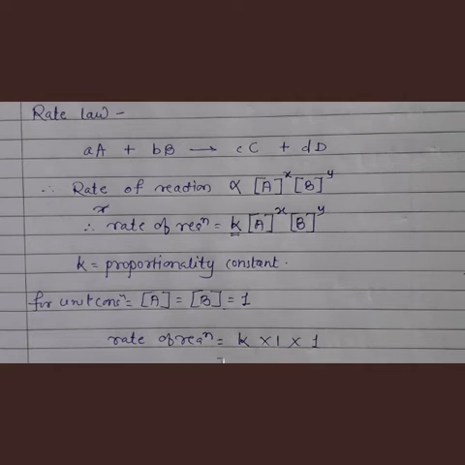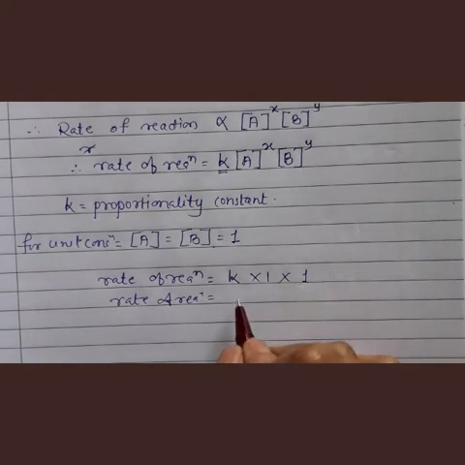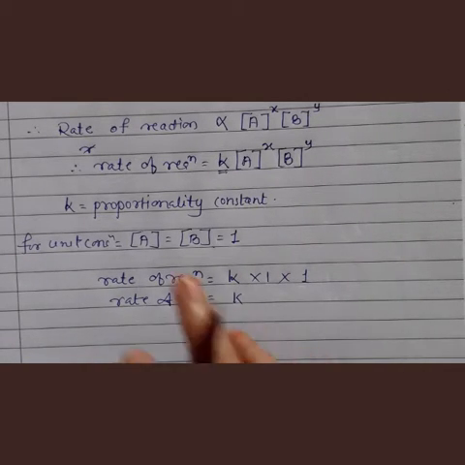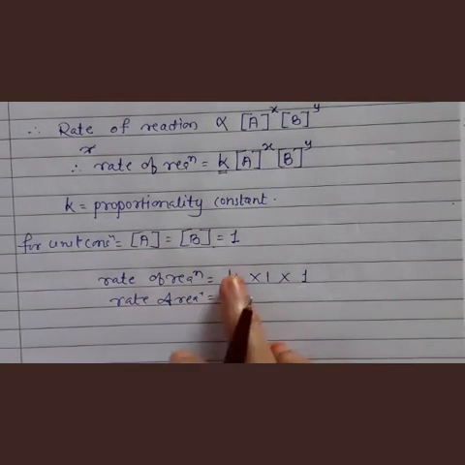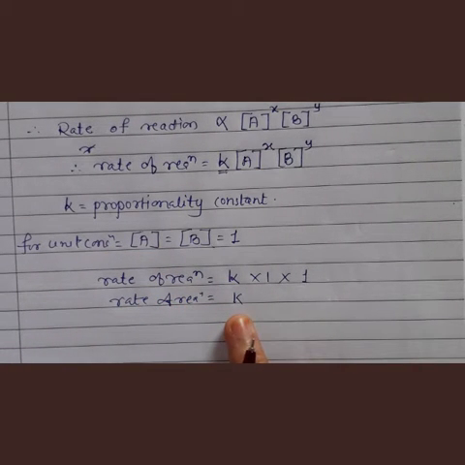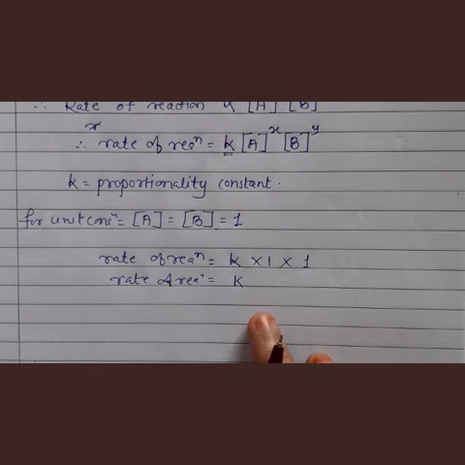So what will be the rate of reaction in this case? K multiplied by 1 means K only. Understand? So when the concentration of A and B is unit, for unit concentrations, rate of reaction is equal to the proportionality constant. Rate of reaction is equal to K.